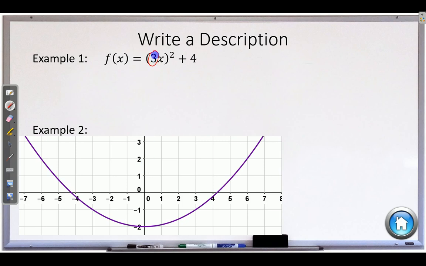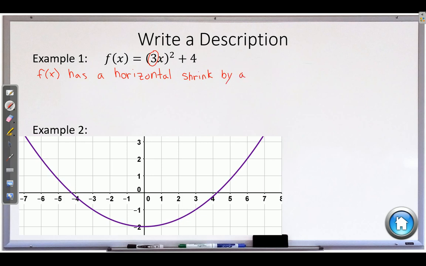Then we think, all right, it's a 3. That number is bigger than 1, so that is going to be a horizontal shrink. All right. f of x has a horizontal shrink, and whenever we do a shrink or a stretch, we do it by a factor.